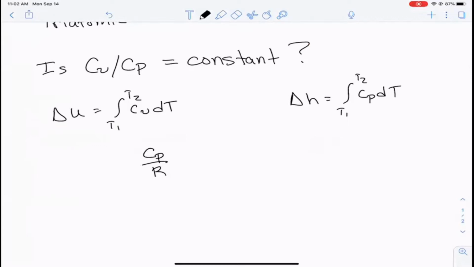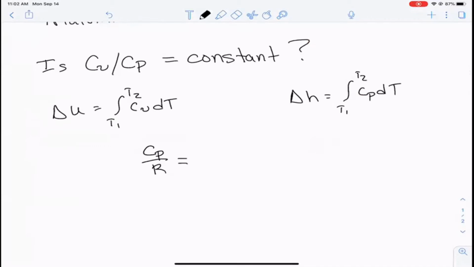And in your book, all that they've done is take experimental data and fit polynomials to it. So there's nothing really fancy that was done there. The functional form that they give is just A plus BT plus CT squared plus D divided by T squared. And there's nothing fundamental about that whatsoever. Like I said, all that they did was fit data.